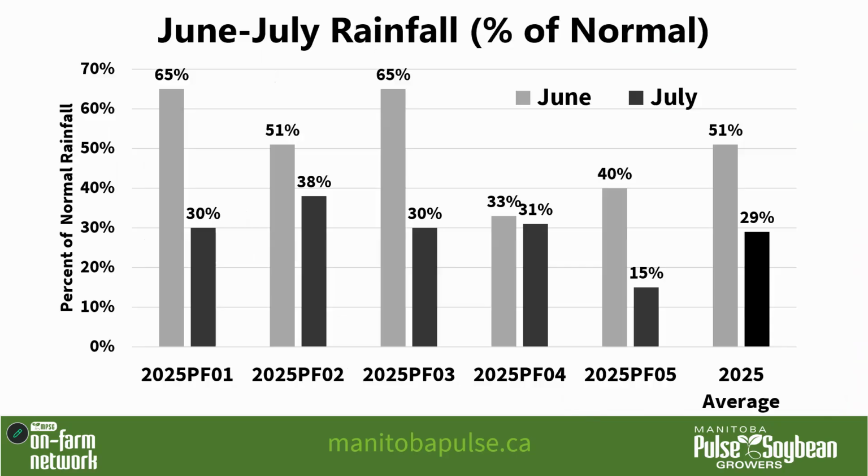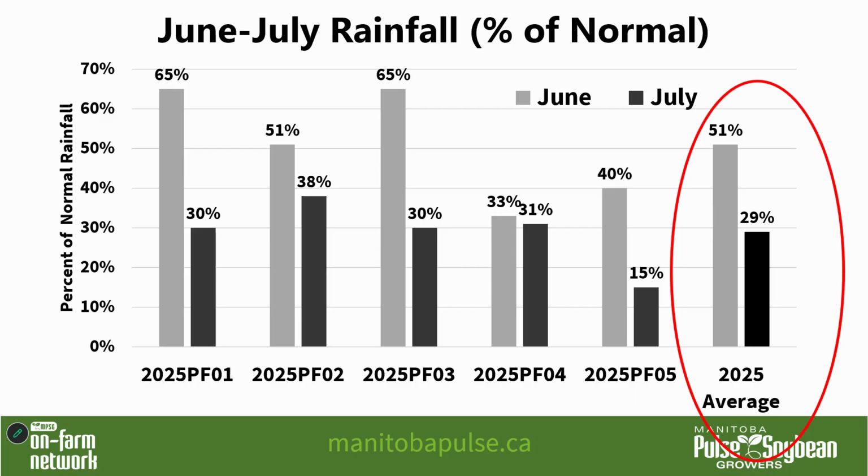Since cool, wet conditions leading up to pea flowering promotes disease development, I'll share the rainfall amounts that we had at each trial site in June and July. We can see that at each site, the percentage of normal rainfall was low for these 2 months during flowering for all sites.